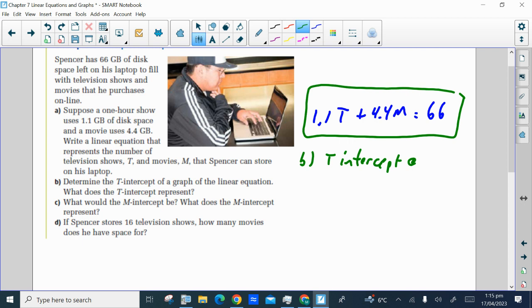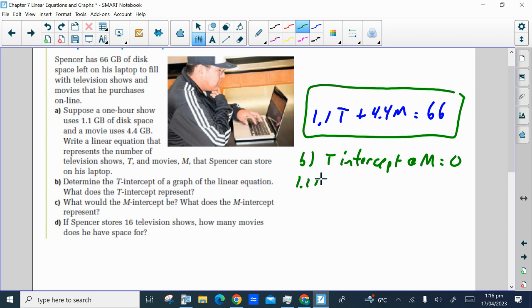Not the m-intercept. The t-intercept is where just m equals 0. The m-intercept is where t equals 0, so you wouldn't say that to find the t-intercept. In this case, we want to find the t-intercept by letting m equal 0.